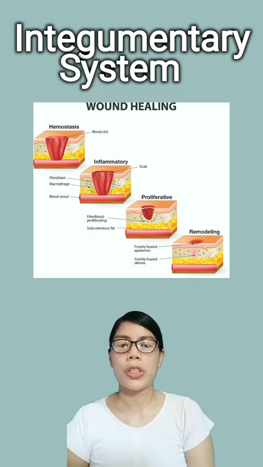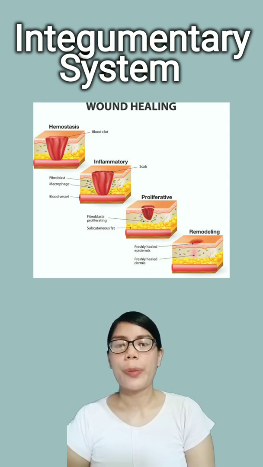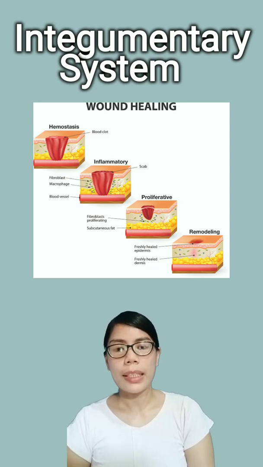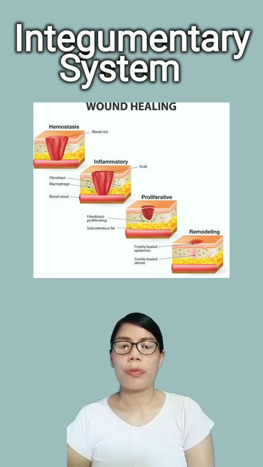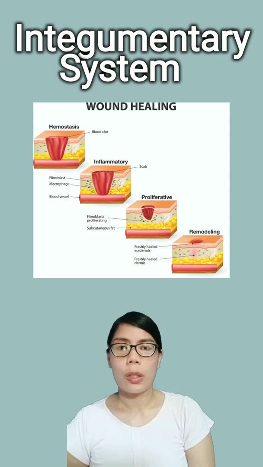And during the inflammation phase, damaged cells, pathogens, and bacteria are removed from the wound area to prevent infection. Next, in the proliferation phase, the wound is rebuilt with new tissue made of collagen. And last, the remodeling phase, also called the maturation phase, is when collagen is remodeled from type 3 to type 1 and the wound fully closes.